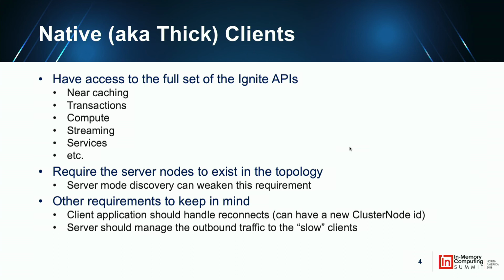You can have access to the streaming API, to the services, etc. So you can implement and deploy fully functional applications to client nodes. And client nodes connect to the main clusters, so they require server nodes to be somewhere in the topology. There is a way to run client nodes without the server nodes, but in general, they need it.